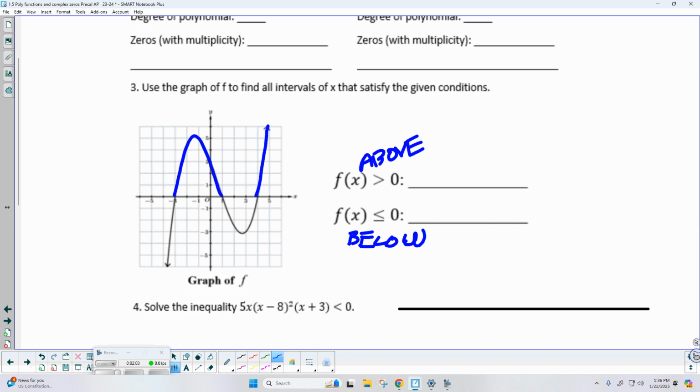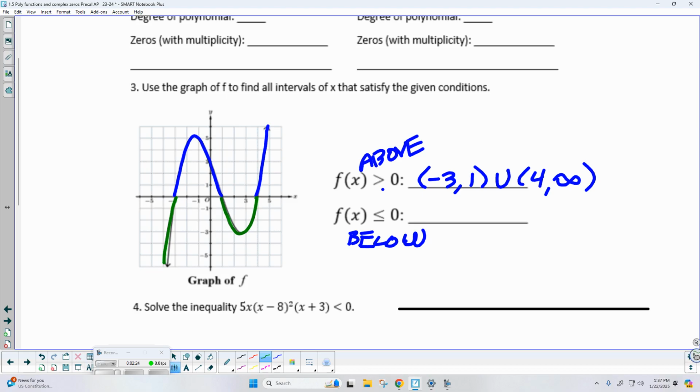So I've got two intervals here, one from -3 to 1. Now I'm going to use parentheses because we don't have equality. So -3 to 1, union, and then the other one picks up at 4, and then continues forever. So we'll say infinity on that one. And then for less than 0, we're looking for any part that is below.